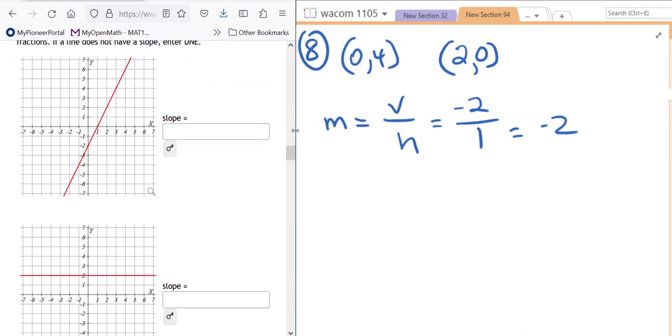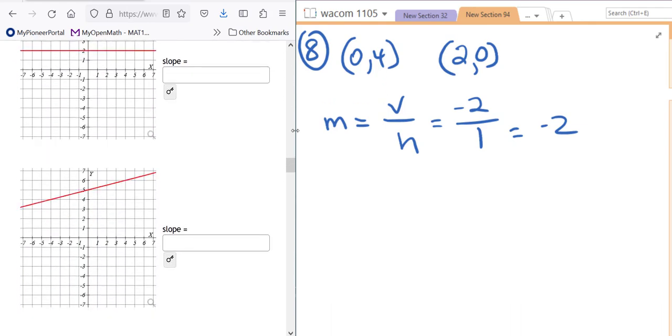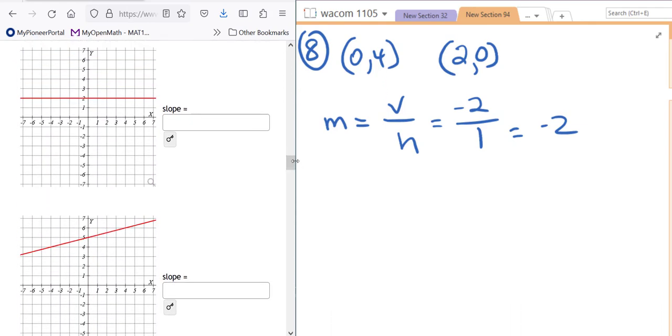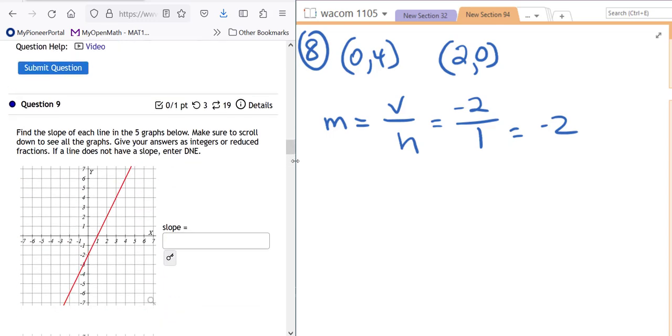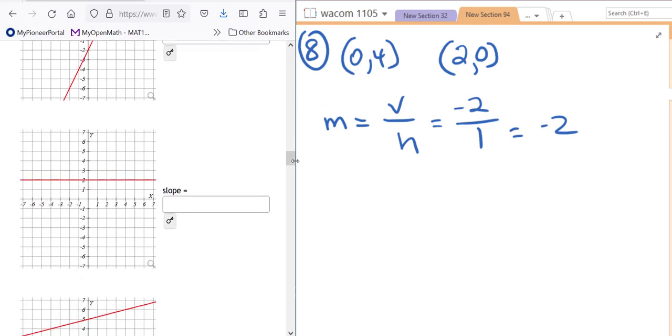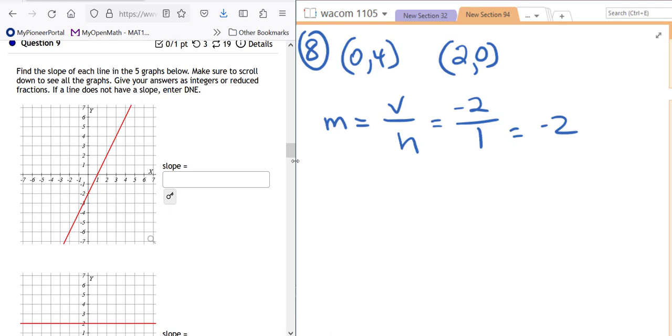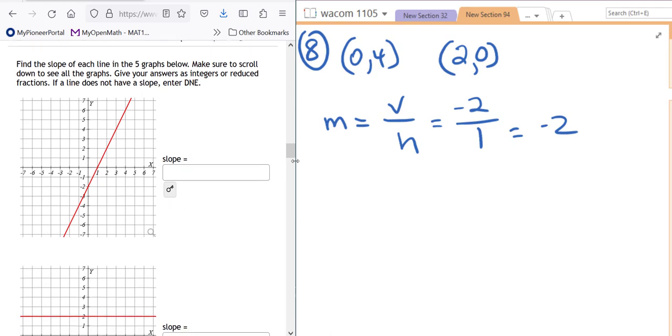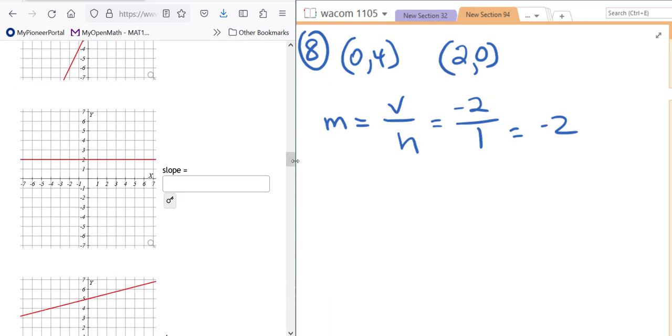All right, and I'm gonna skip this one. It's just too many. This does give you some nice cases. This one is a positive slope. A line with a positive slope climbs as it goes to the right. This one is an example of your horizontal line, which has a 0 slope.